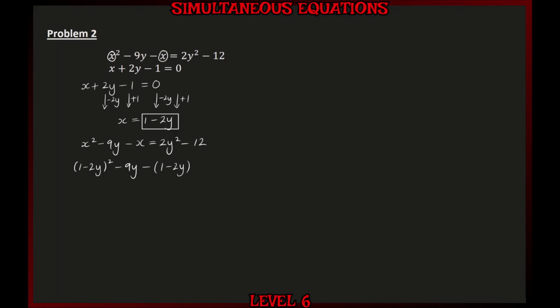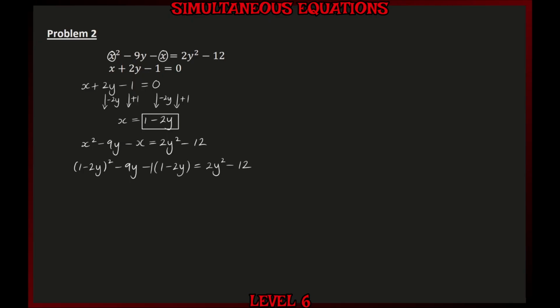These brackets are important because the minus in front of the bracket is showing it's being multiplied by minus 1. That's then equal to 2y squared minus 12. We now have an equation that only contains y, so we're going to expand, simplify, and hopefully solve.